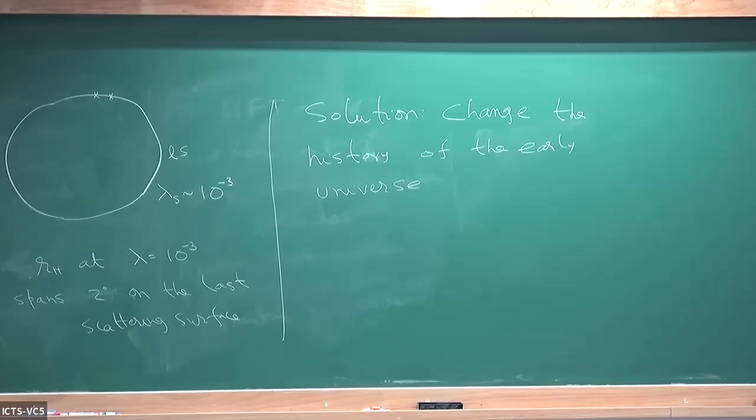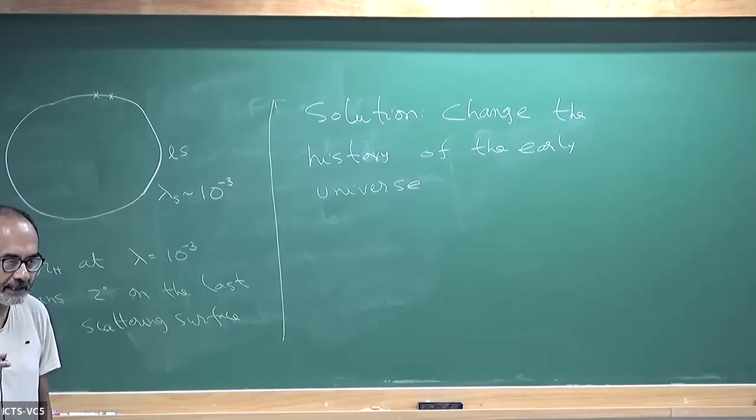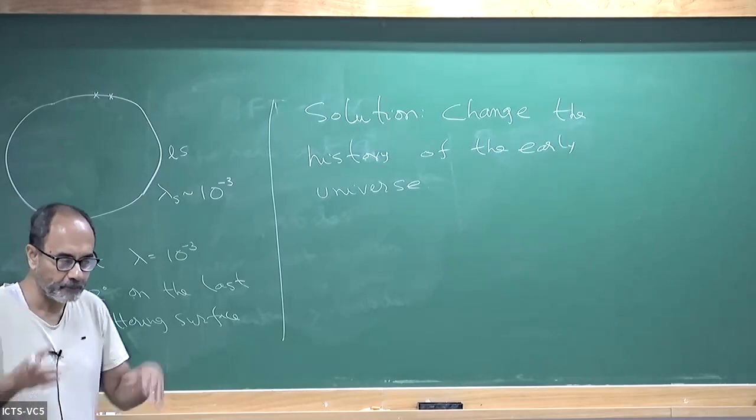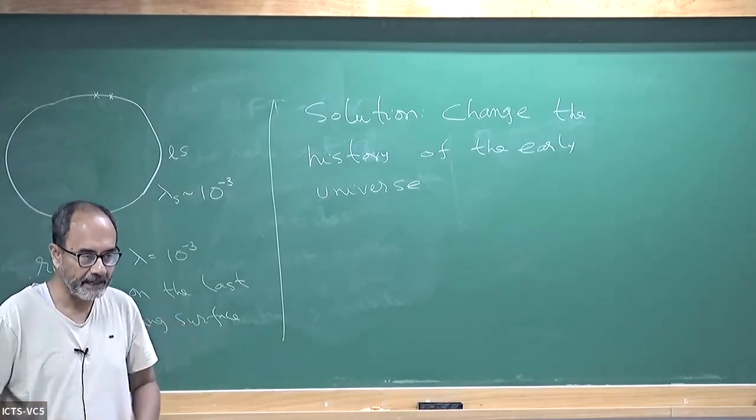The lambda you reconstruct from today. Today lambda is 1 and we know the standard history of the universe, that it was matter dominated, radiation dominated, etc. It doesn't really matter as long as it's the standard FRW. It doesn't matter what happened very early in the history of the universe because most of the contribution comes from the late time.